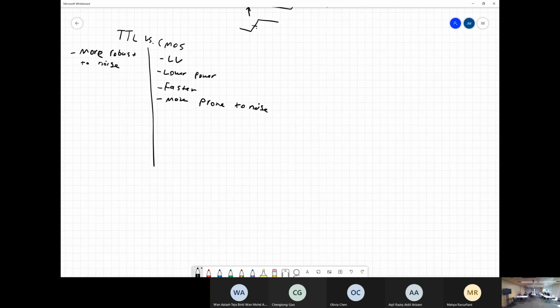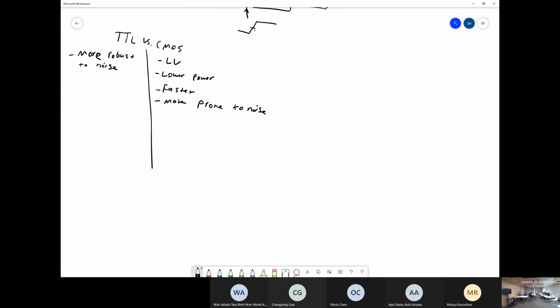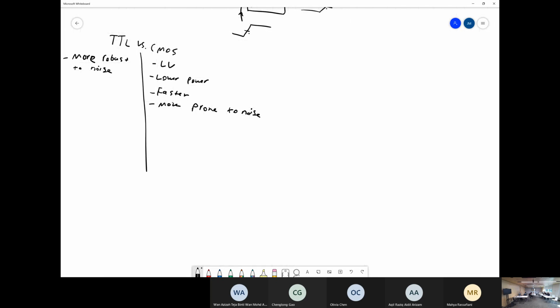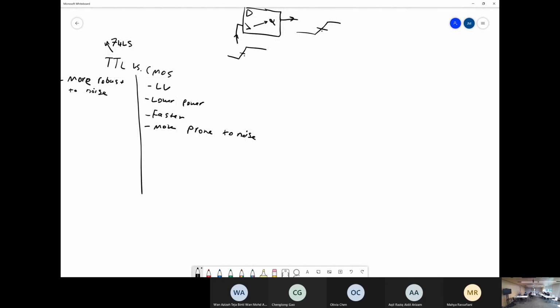It's important to know about your margins, which I'll touch on in a sec. The regular 74 series has variants like LS, which is low power Schottky, an attempt to get lower power.